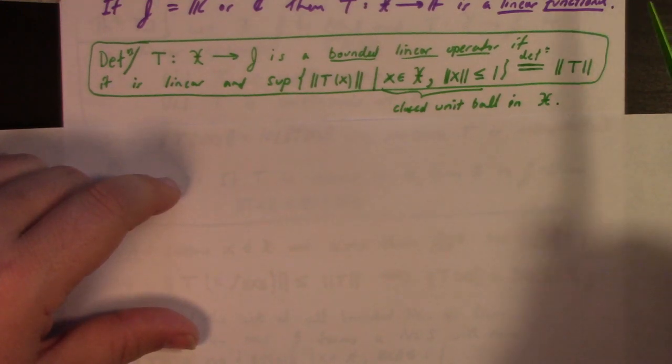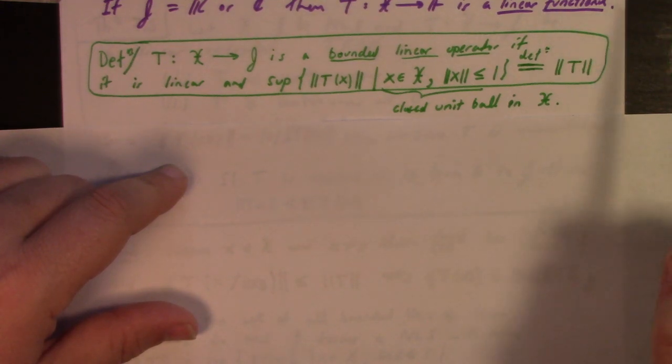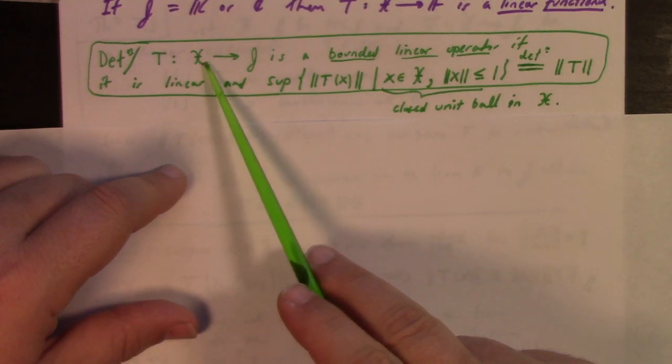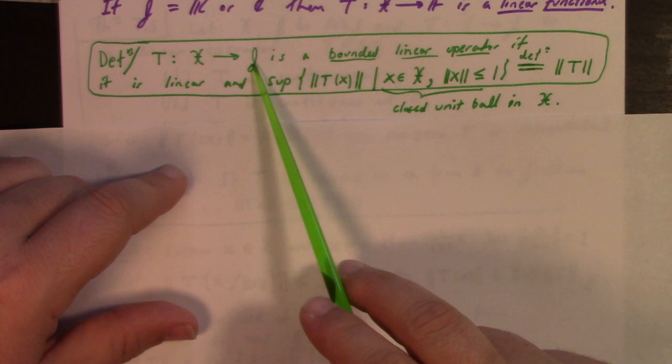This is how we define the norm of an operator. The so-called operator norm is what's being defined here. So I have a linear operator going from a normed linear space X to, I think, a normed linear space Y.